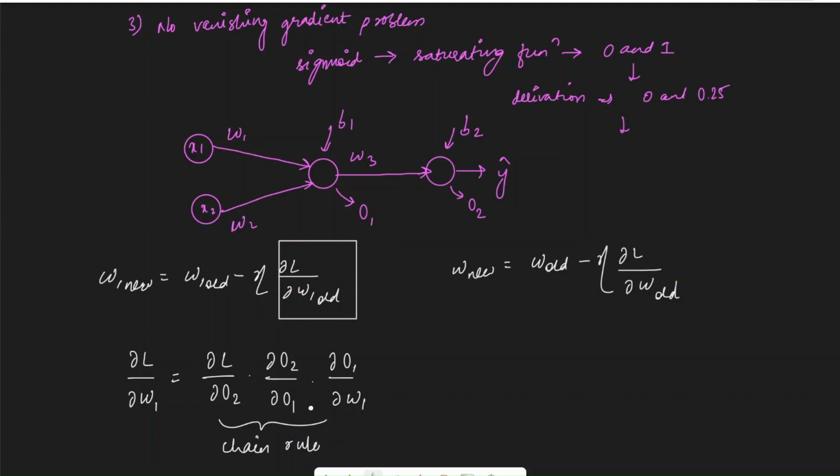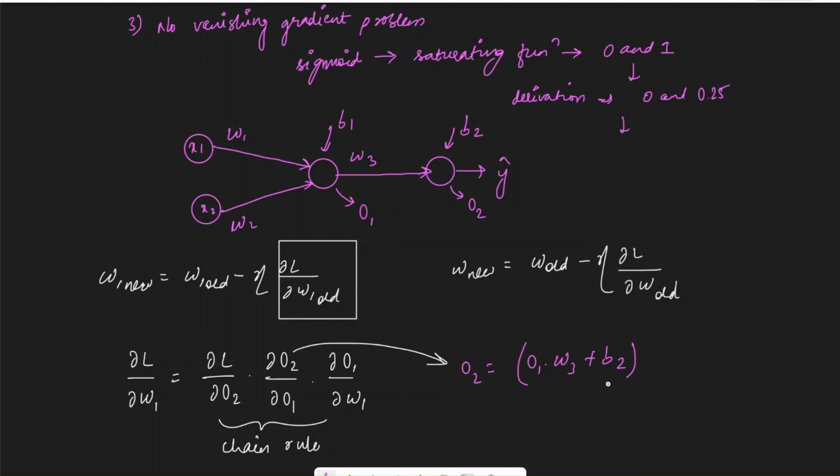Now in this chain rule, let's say we look at this output O2. We can pick any of these; I'm just picking O2 here. If you look here, O2 is the output of this neuron, the input of this neuron is O1, and the weight is W3. So we can write this as O1 multiplied by W3 plus the bias to this neuron, which is B2.